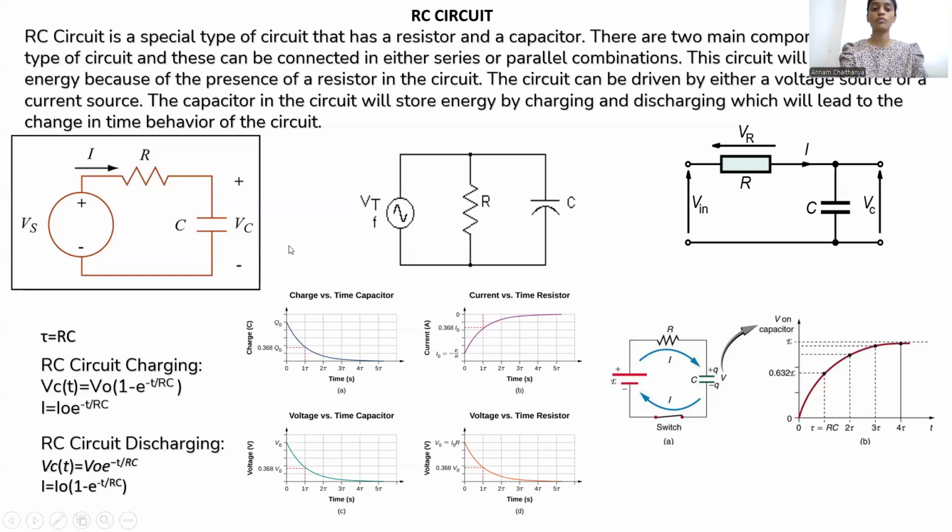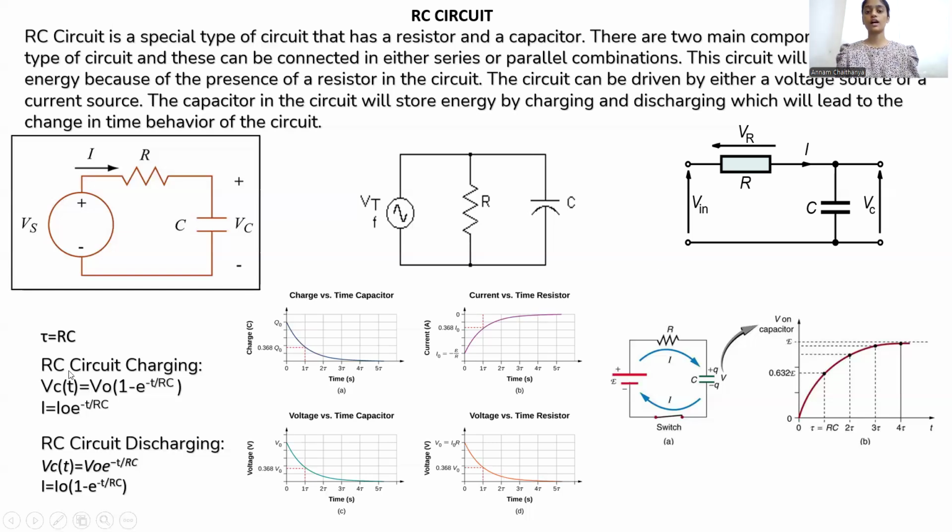And there are a few equations related to the RC circuit. That is the time constant of the RC circuit, which is tau equals resistance times capacitance.